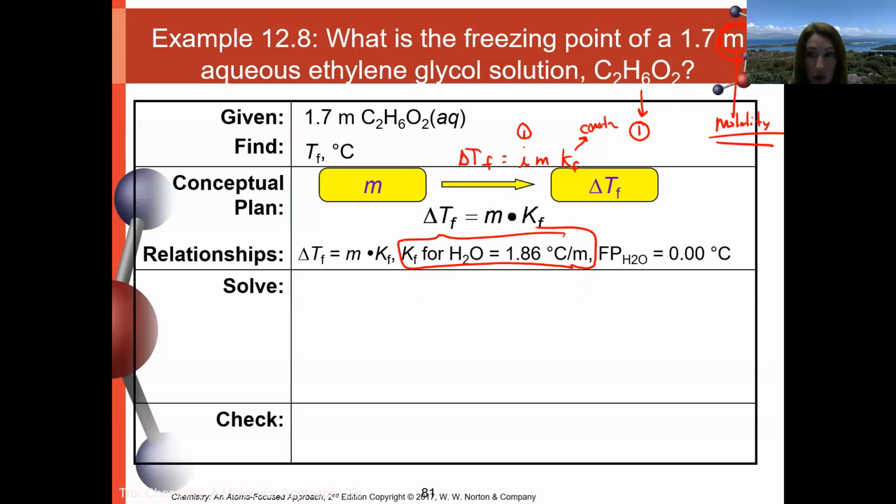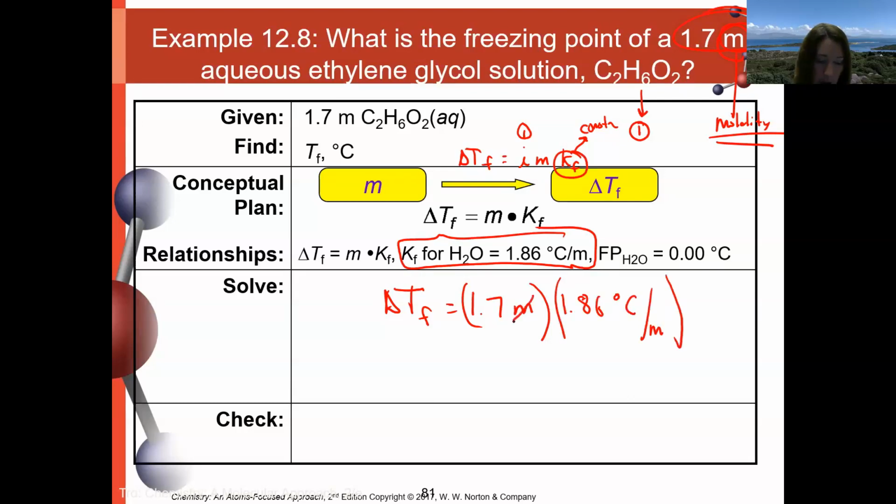So delta TF equals our molality, which they just gave us, 1.7 m, times our constant KF, 1.86 degrees Celsius per molal. Units, and whatever we get when you multiply it, 3.2 degrees Celsius.